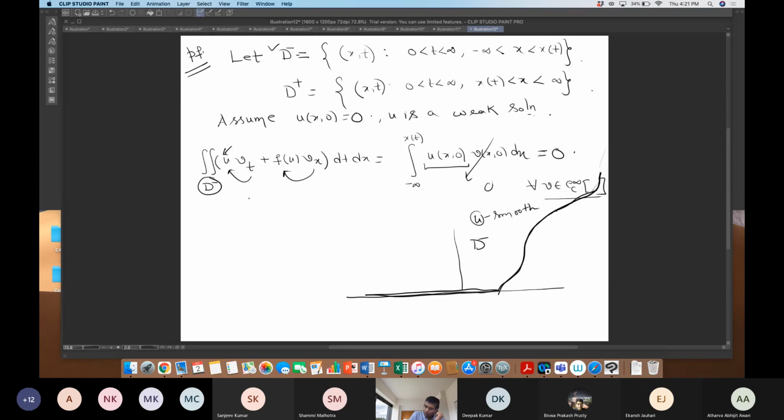So this integration is equal to minus the integral over D minus of u_t v. Okay? Yes, sir. What is the boundary term? Because I am throwing the derivative, by integration by parts the boundary term will come, right? What is the boundary term?